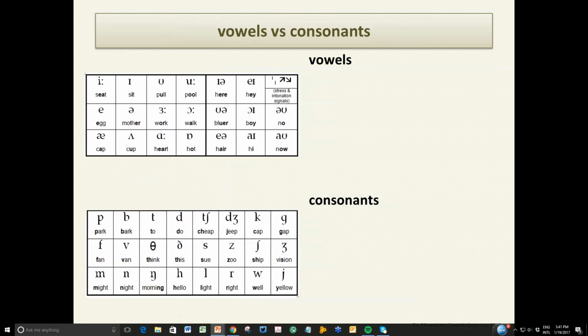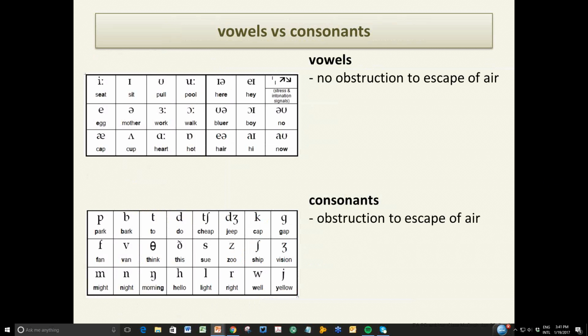If we look at what's differentiating the vowels and the consonants, with the vowels, there is no obstruction to the air escaping through the mouth, whereas with the consonants, there is some kind of obstruction, for example, through the use of your lips or your teeth. The vowel sounds are all voiced. So voicing, if you gently place your fingers on your voice box, don't strangle yourselves, and just try saying that seat sound.